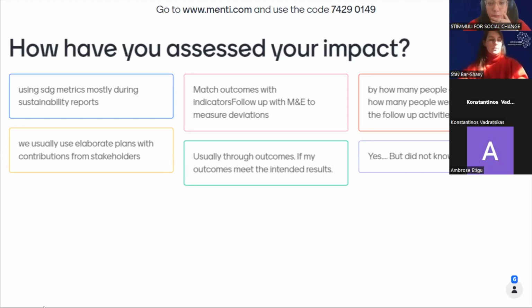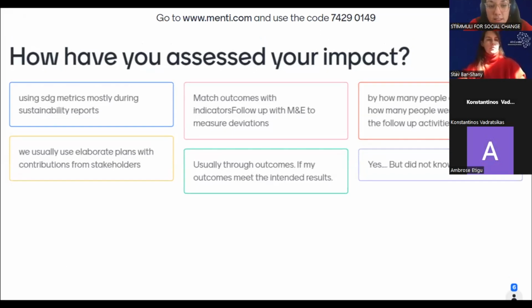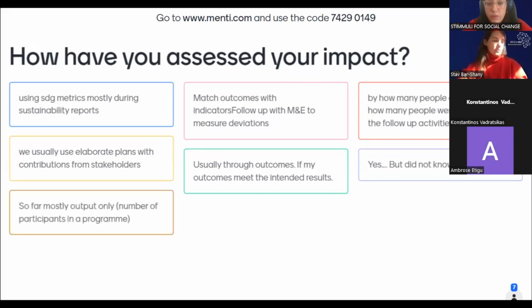How have you assessed your impact? Yes, but did not know how. Well, you're at the right place to learn how to do that. So thank you for joining us. I'm going to move to the next slide to see if people have answered that too.